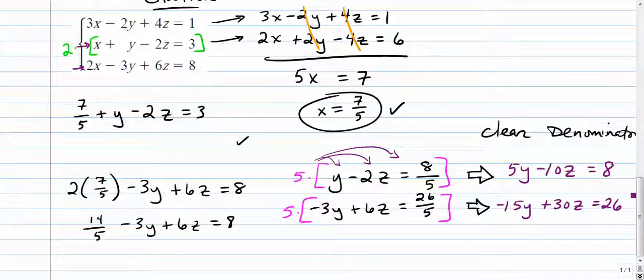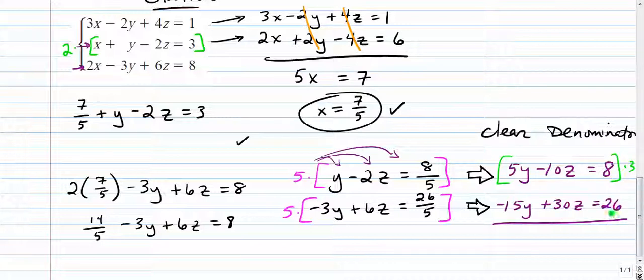Alright, so this is kind of crazy, right? It looks a little nicer now, actually, but there's a lot of stuff going on. But what I'm going to do now is simply solve them. So again, I need to eliminate. I'm going to multiply this by something that's going to make these coefficients opposite. That would be a 3.